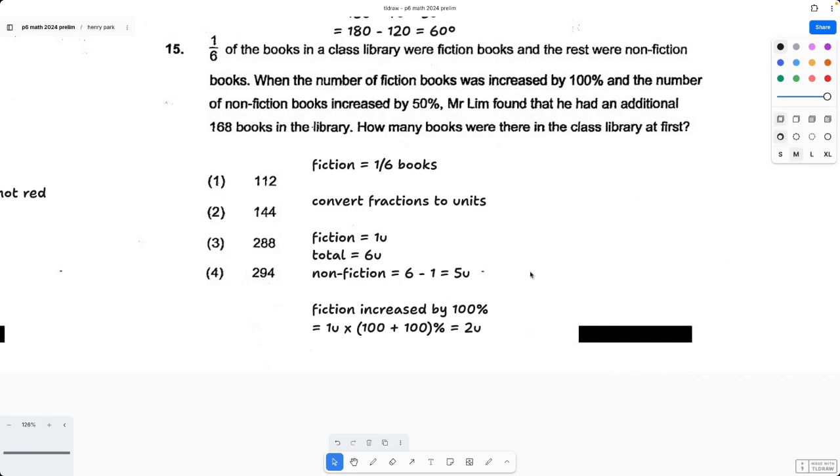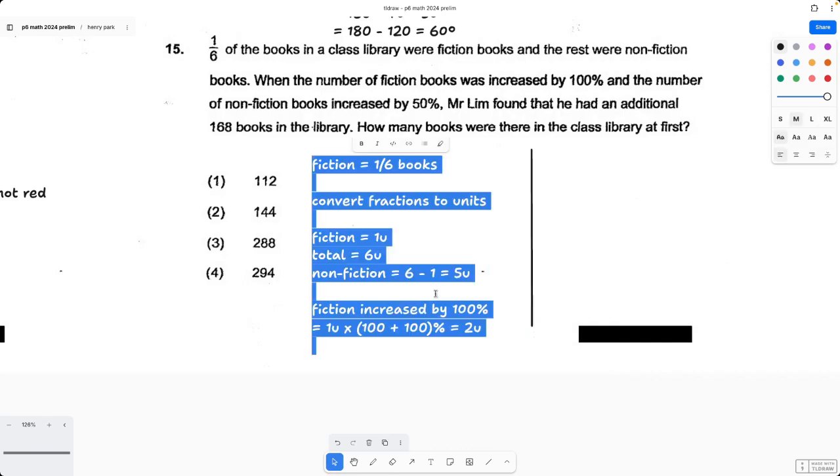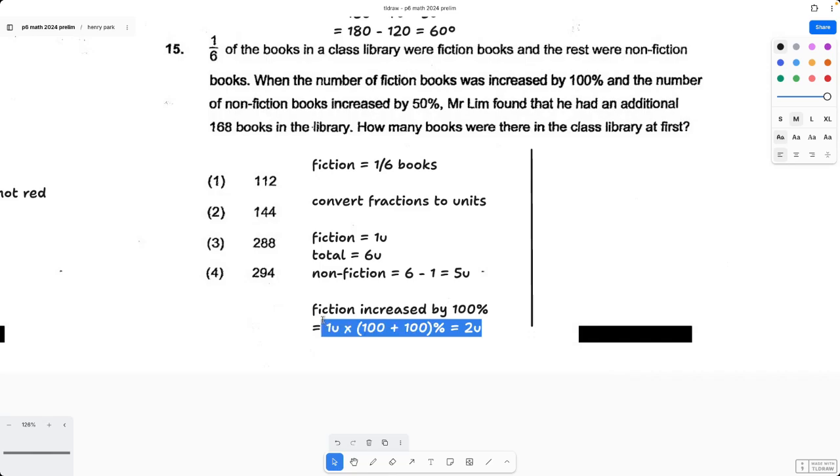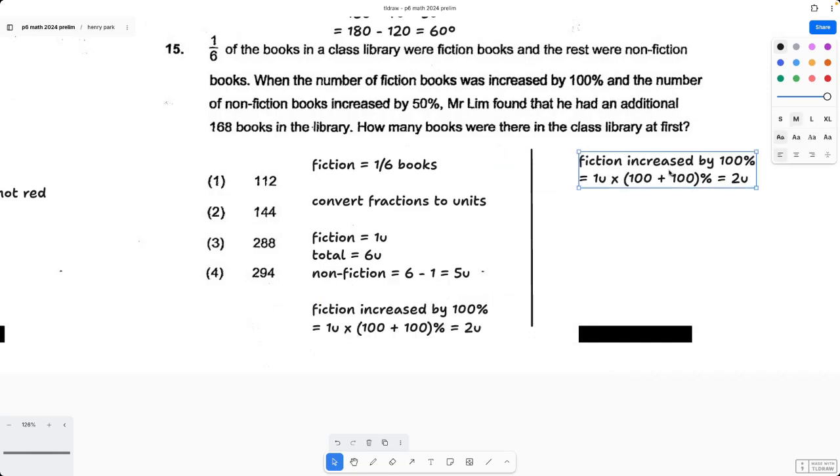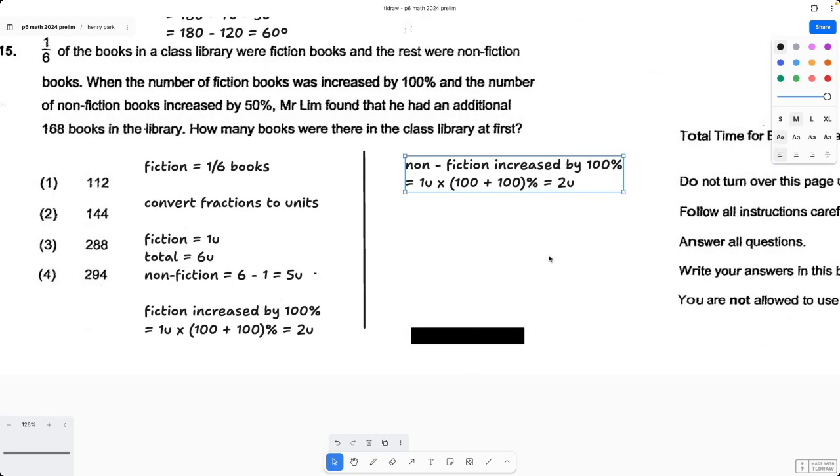So next one is non-fiction. Non-fiction increased by how many percent? 50%. So non-fiction by 50%.